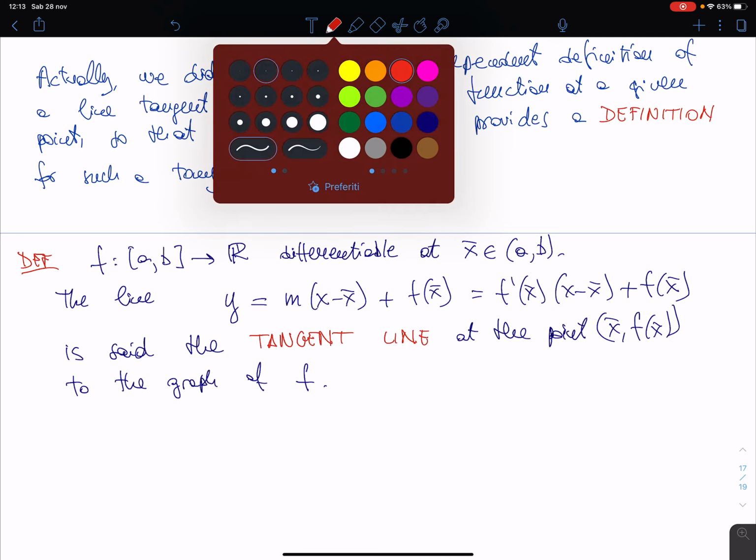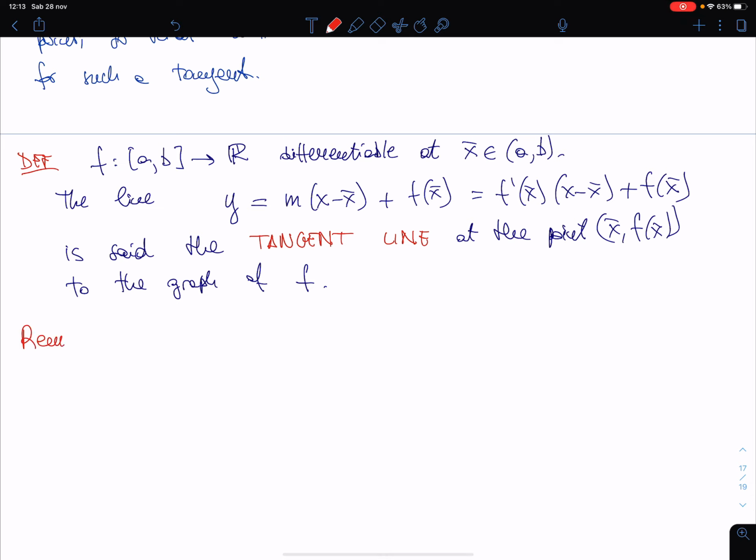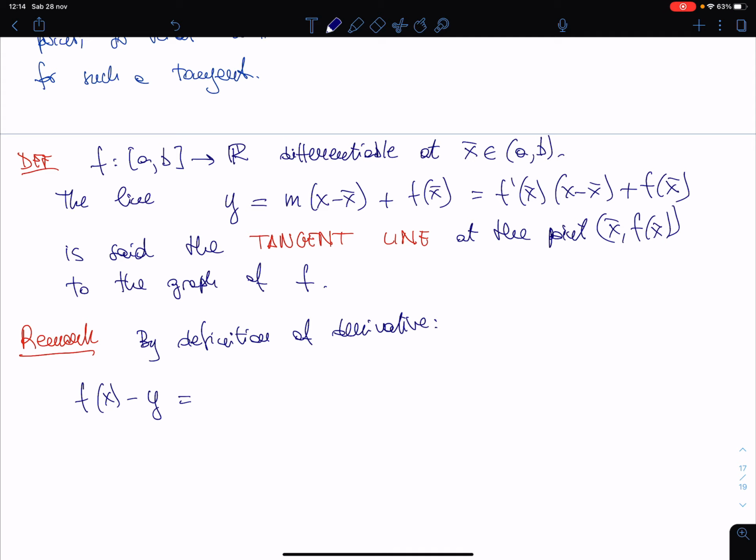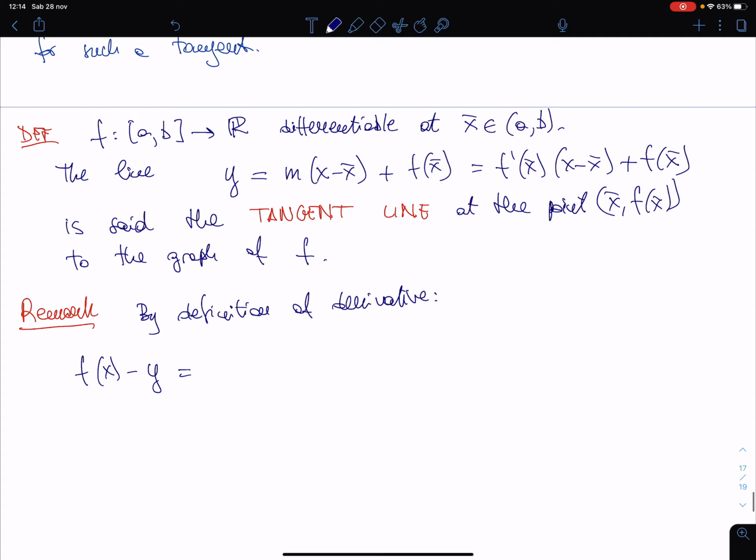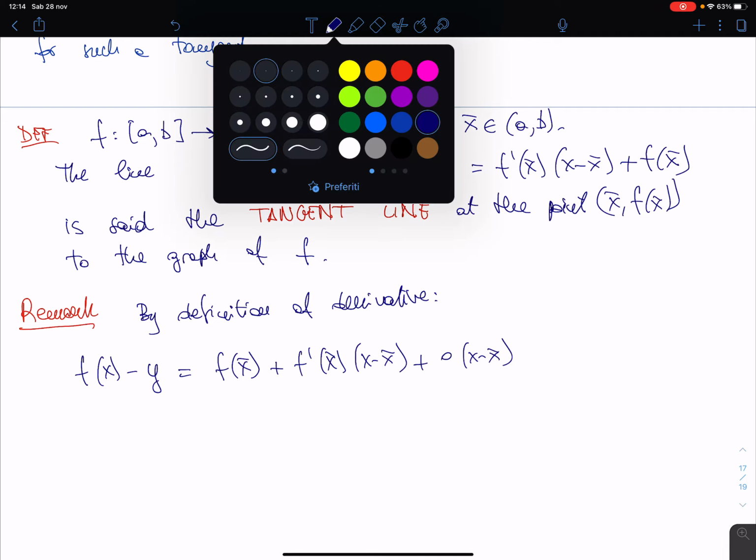So the remark: by the definition of differentiability and of derivative, we have the following, that the distance f of x minus y is equal to f of x bar plus f prime of x bar times x minus x bar plus little o of x minus x bar, and this is f of x.